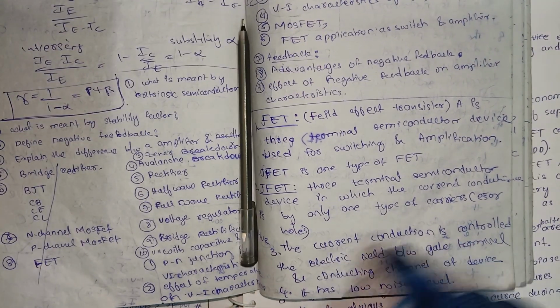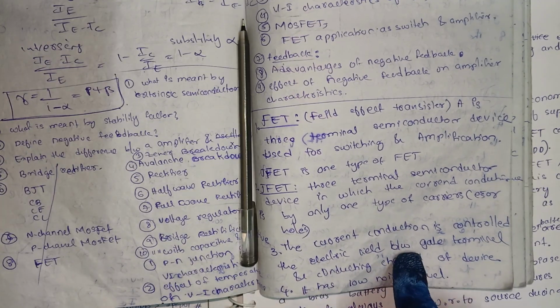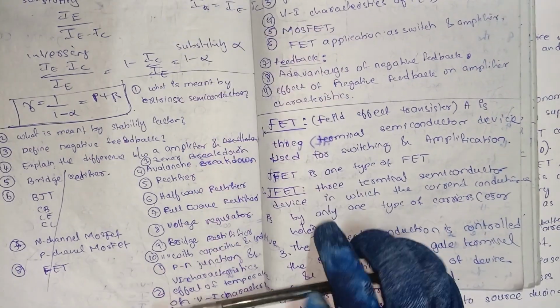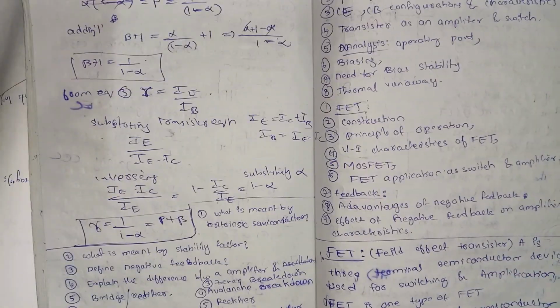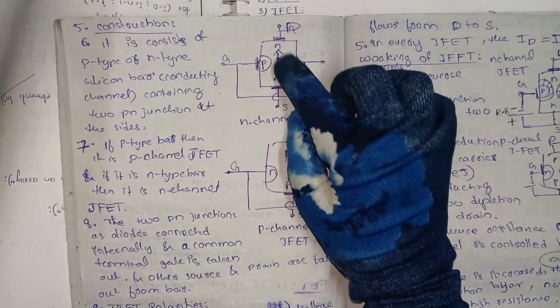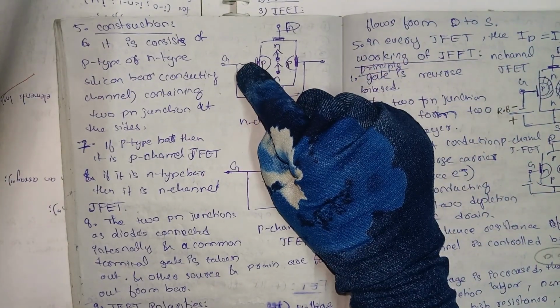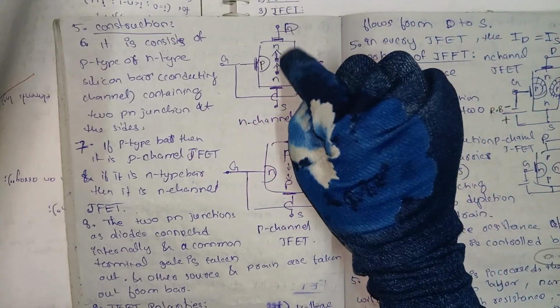The current conduction is controlled by the electric field between the gate terminal and the conducting channel of the device. Here the current conduction is controlled by the gate terminal, which is of p type, and the conducting channel.